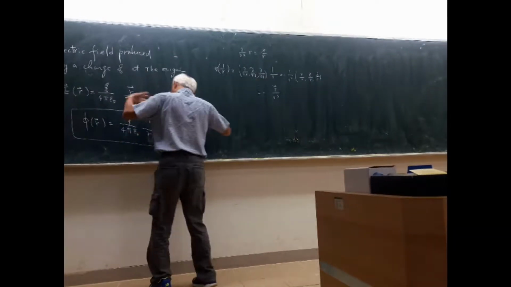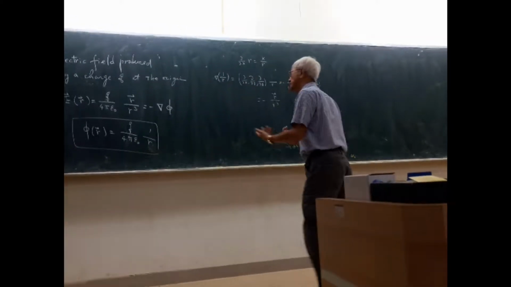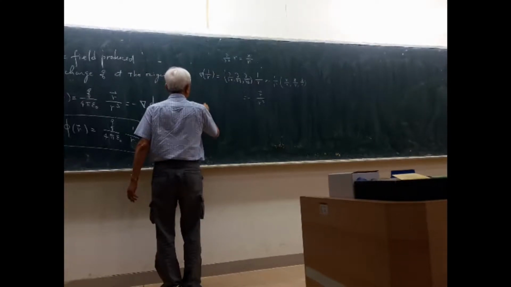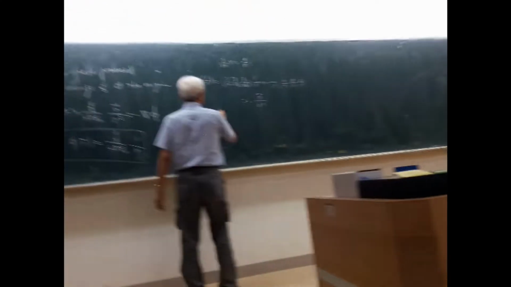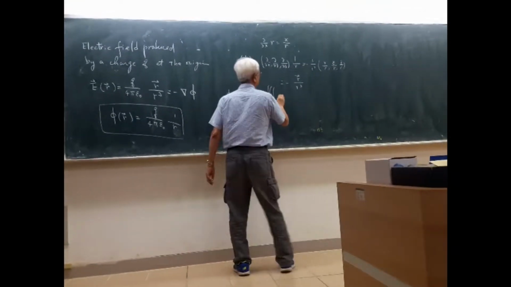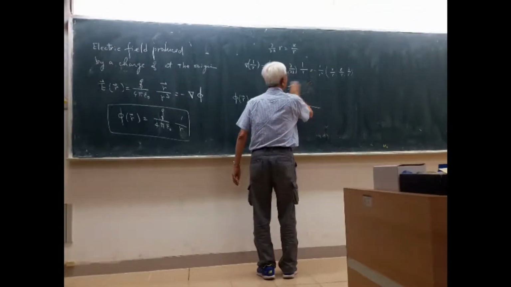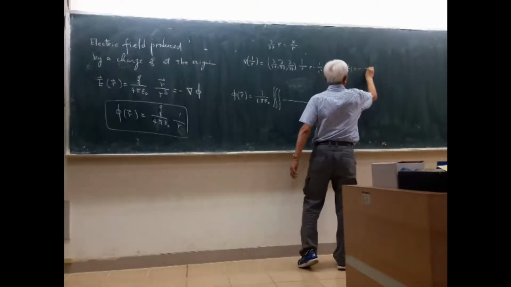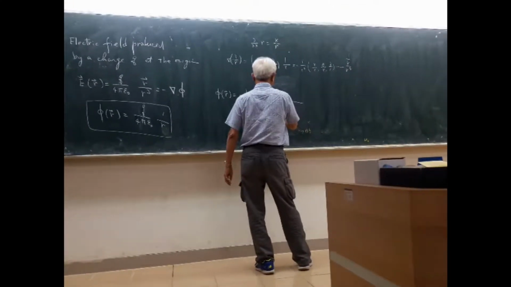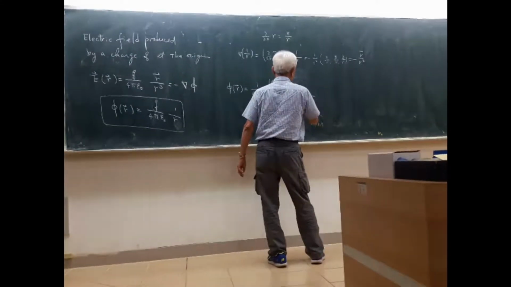Okay, so in general, the principle of superposition for a charge distribution gives phi of r equal to 1 over 4 pi epsilon naught, the integration of rho of r prime over the magnitude of r minus r prime.